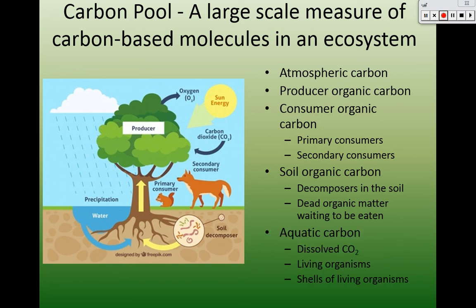And then you also have aquatic carbon, which you may not have in this picture as much because this is a freshwater lake, but in the oceans, and this is why the oceans are such a carbon sink, you actually have just dissolved carbon dioxide. Carbon dioxide dissolves well in water. Think about fizzy water, right?